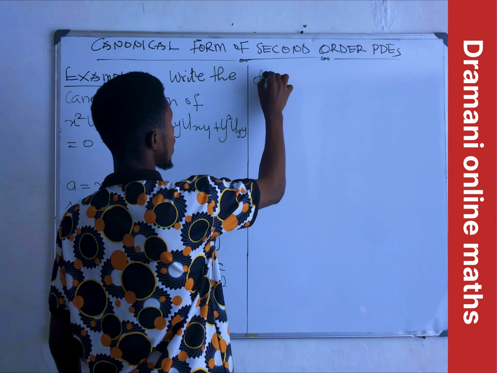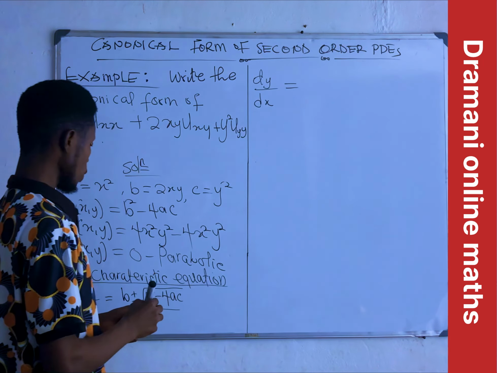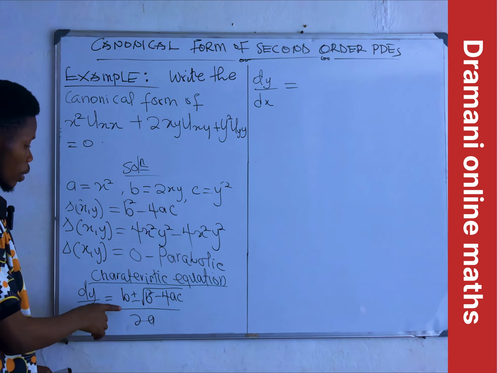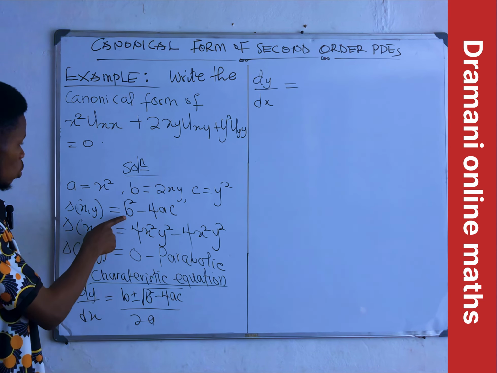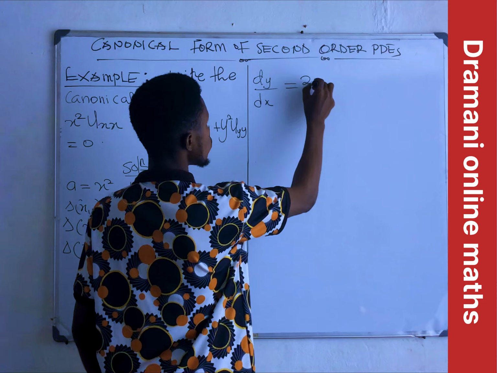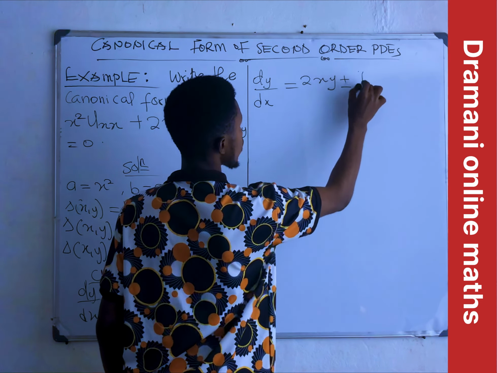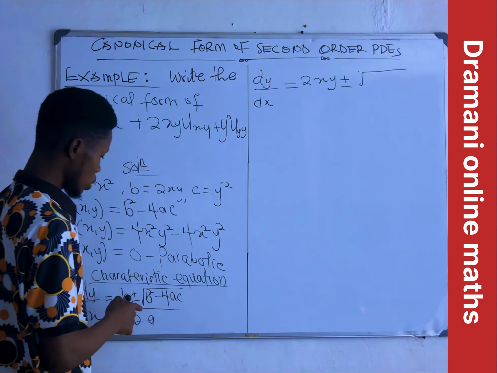So I have dy/dx equals, now b is 2xy, so I'll put 2xy here, plus or minus square root of b squared.